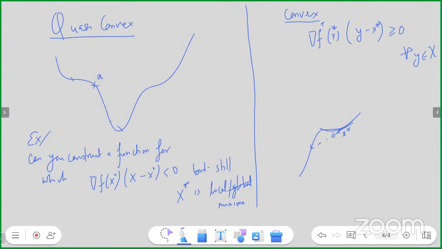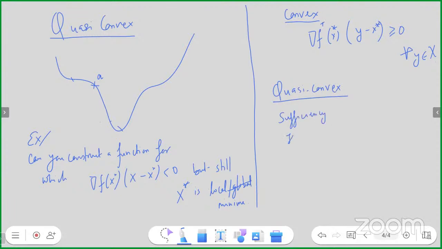So the corresponding answer here turns out to be a sufficiency answer. It's like a water slide. So what you will get for the quasi-convex case, and the proof is straightforward, is only a sufficiency condition.